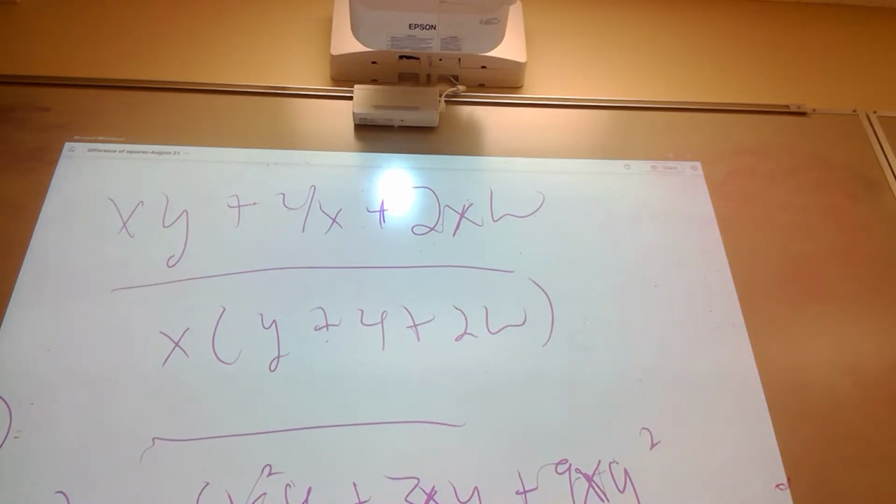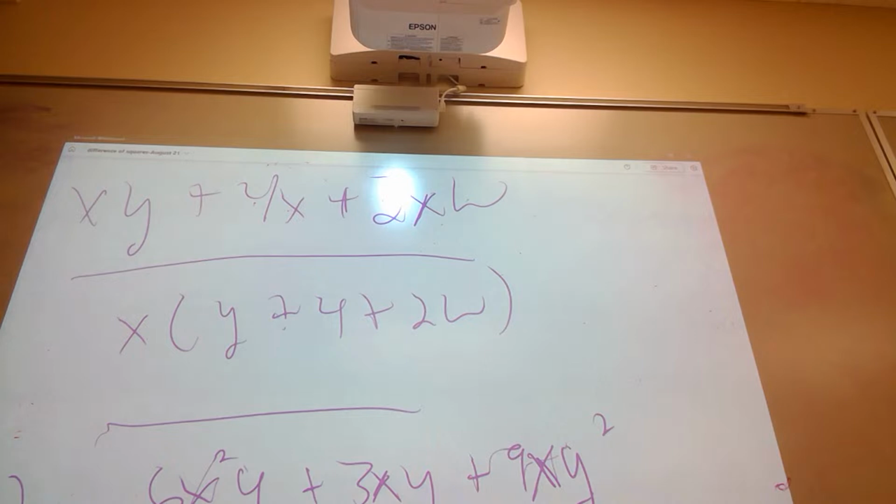We'll do one last one. 6xy squared plus 3xy plus 9xy squared. So look at what 6, 3, and 9 have in common. Pull out your lowest powers of x, your lowest powers of y.